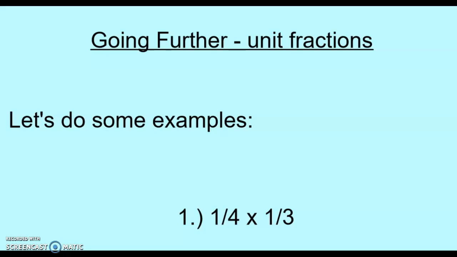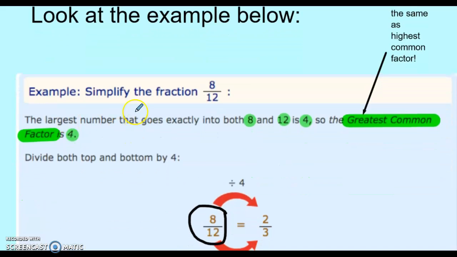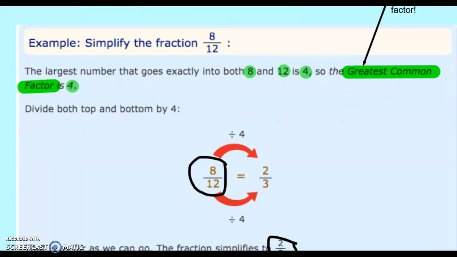If we look at the example here, it says simplify the fraction 8/12. The largest number that goes into both 8 and 12 is 4. So the greatest common factor is 4. We take the fraction 8/12, we divide the numerator by 4, which is 2, and then we divide the denominator by 4, which is 3.